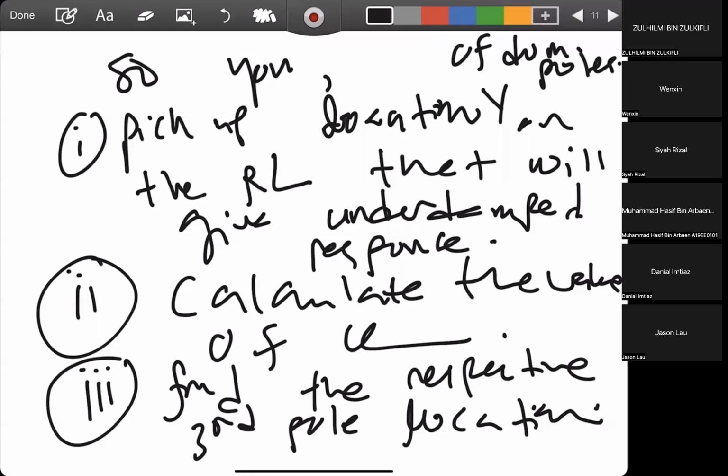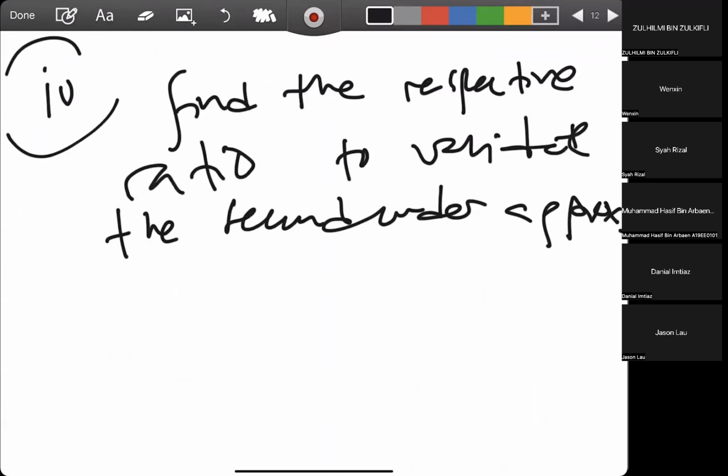Number 2, calculate the value of K. Then find the respective third pole locations. And then validate that the respective ratio is greater than 5.